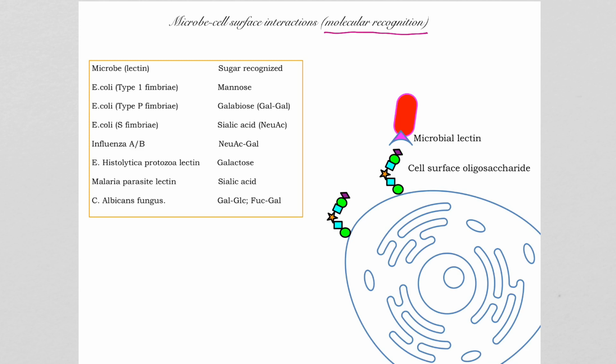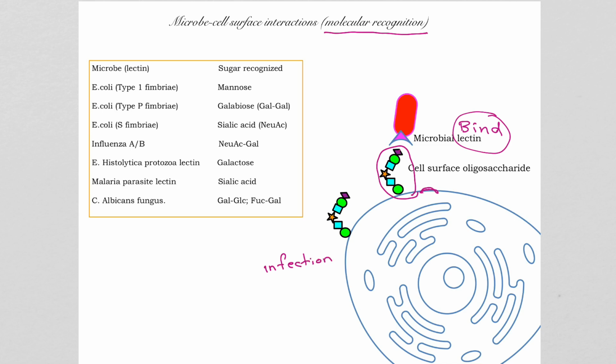Once the microbe recognizes the carbohydrate, it will bind to it. So molecular recognition will cause the microbe to bind to your cell. And we know from COVID and many other examples, once the microbe binds to the cell, that triggers all the other events, which eventually leads to infection.